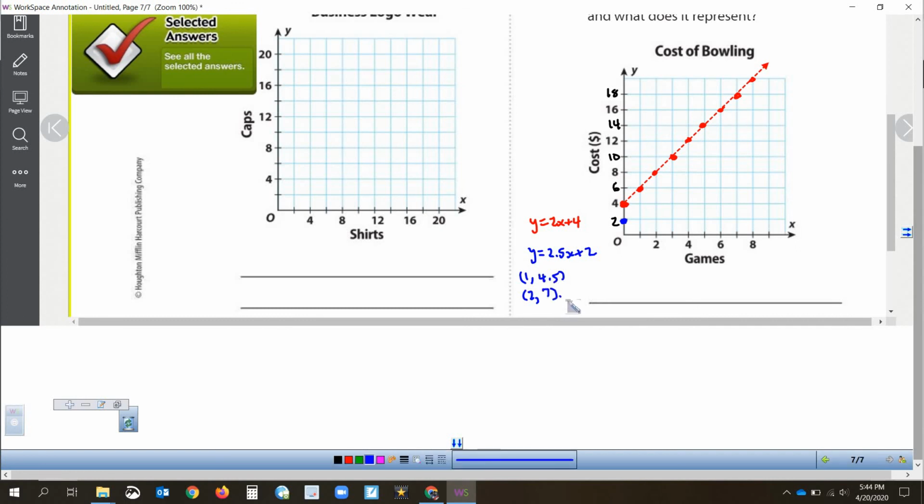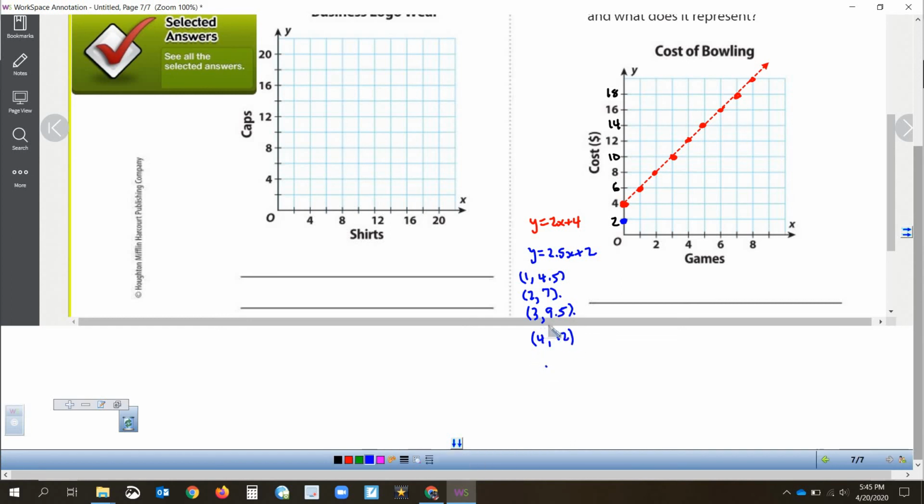That's going to be 7, right? If I play 3 games, now it's going to be at $9.50. And if I play 4 games, then it's going to be at 11. And if I play 5, whoops, it's got to go up by 2.5. I'm sorry. 12. There we go. That's the one I was looking for.